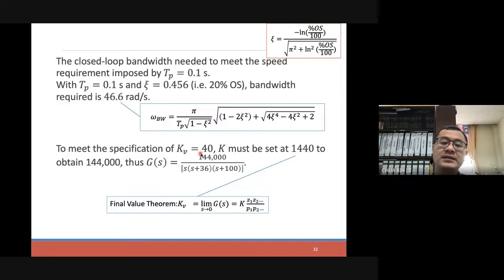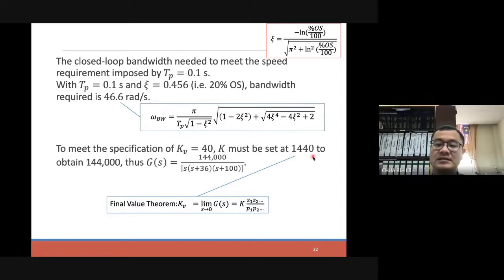Then to meet the kV value, which is 40, we must set the previous one to 144,000, that is 40 times the previous value. So we just adjust this accordingly. This is based on the final value theorem.